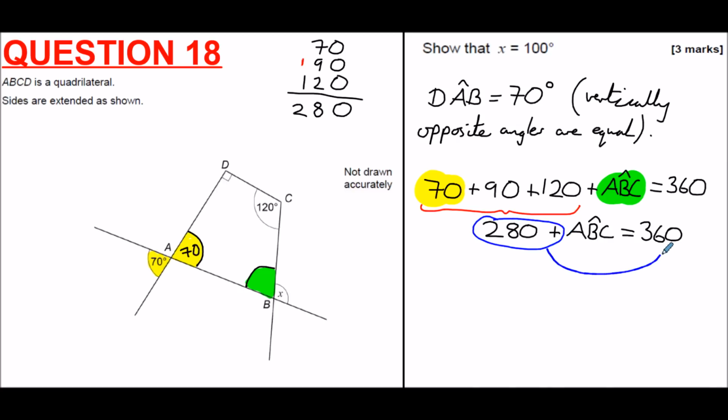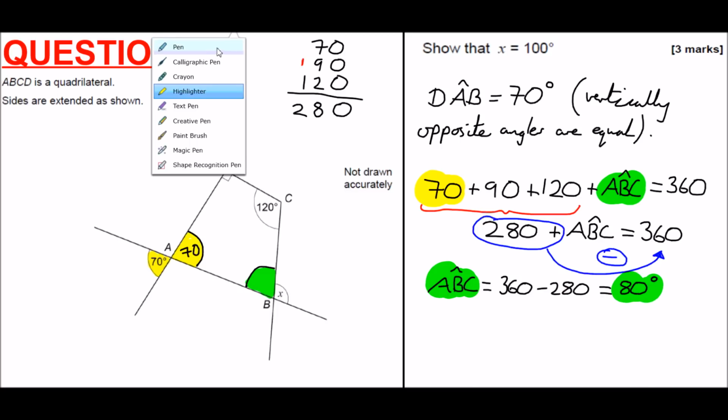So if we swap side and swap sign and do 360 take away 280, you can do column subtraction if you want to, but I'm just going to skip ahead and say that ABC, if you were to do 360 take away 280, you'd get 80 degrees. So we can label this on the diagram now. ABC is 80.